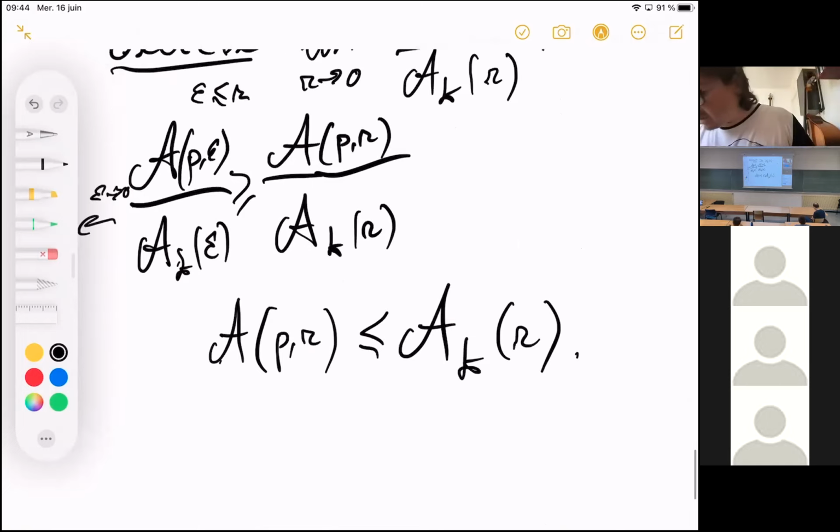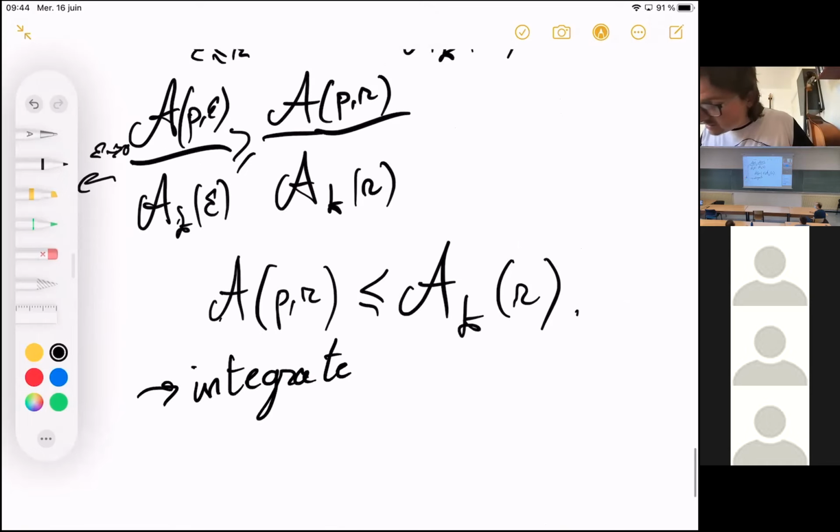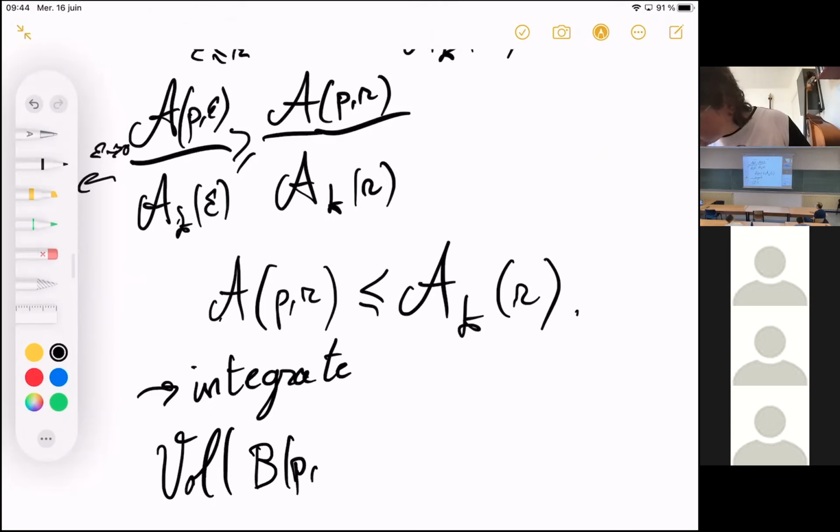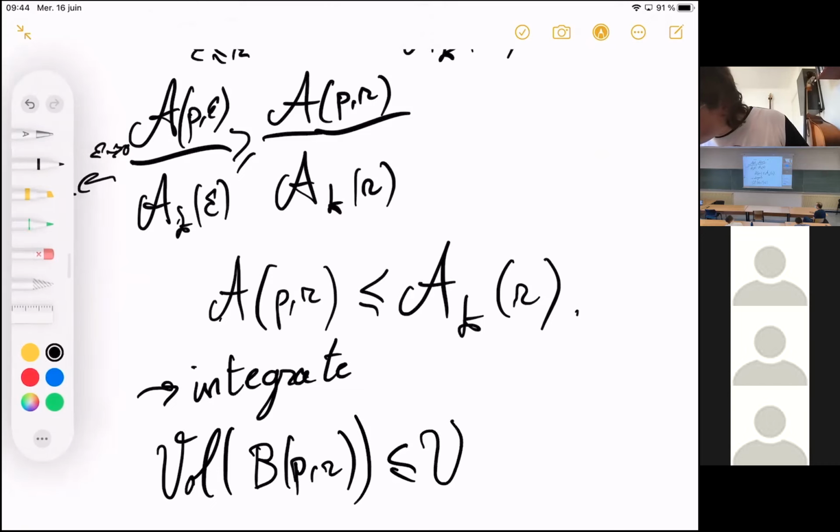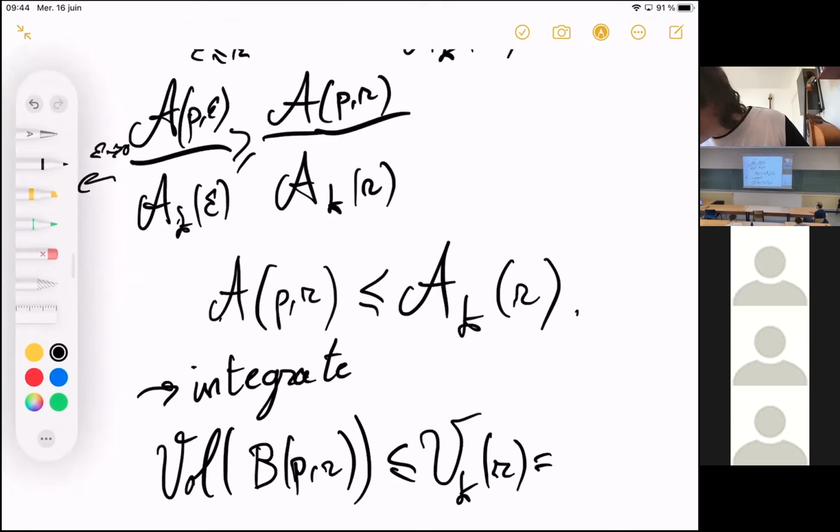Okay. So if we integrate that between, let's say, 0 and big R, we get that the Riemannian volume of the ball centered at p of radius R is less than Vk of R, which would be the volume of a ball in the model space.